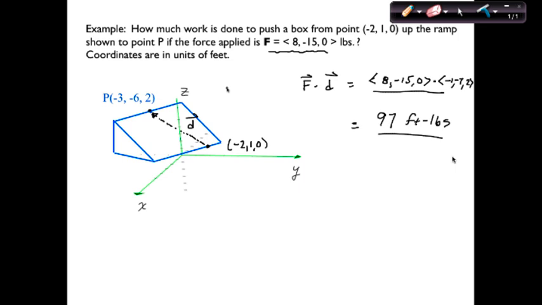Does it make sense? Now what if we wanted to find the angle? So now that I have that dot product, the force is not exactly in that direction. The force is off in some slightly different direction than that. What if I want to find the angle between those two vectors? It's actually not that hard. How can I do it? Right. So now we know that 97 is the product of the magnitudes times cosine theta.